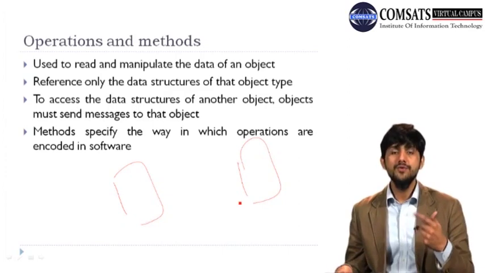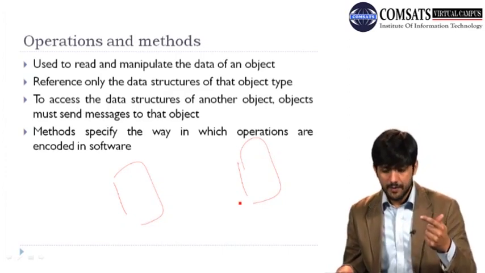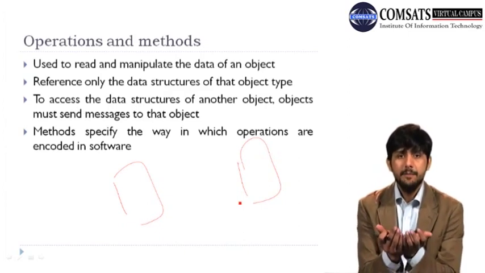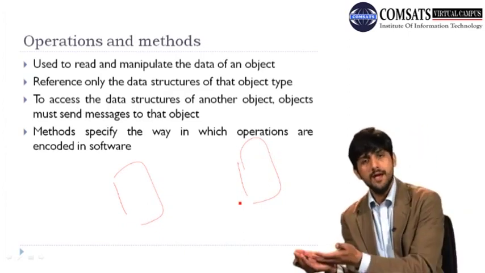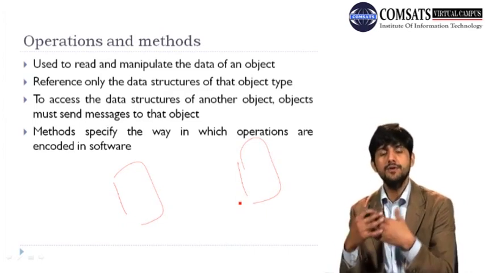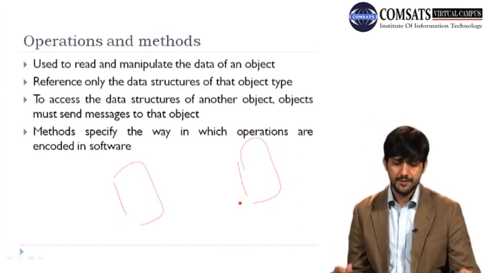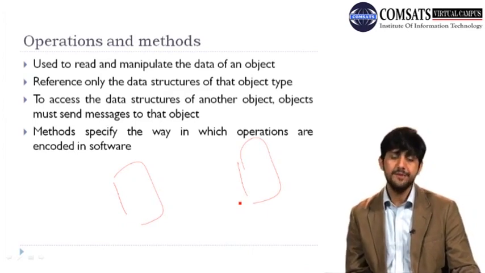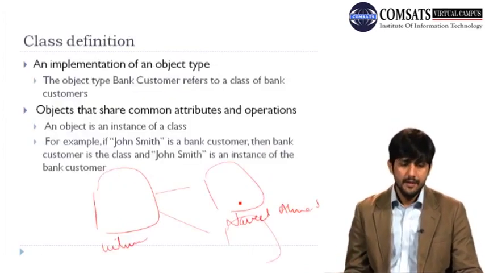Operations are used to manipulate the data stored within a particular class, but you also need to send messages to other classes, because there are certain functionalities which you cannot do on your own. Methods specify the way in which operations are encoded in the software.